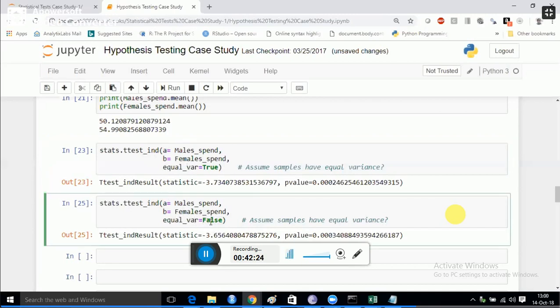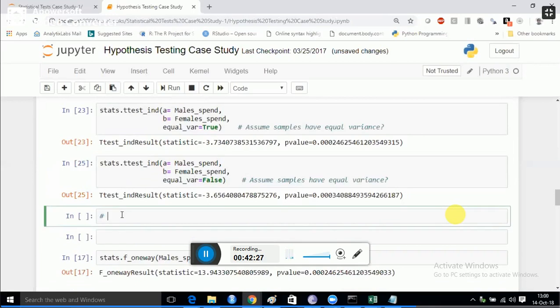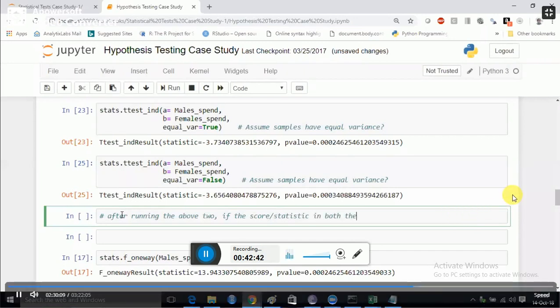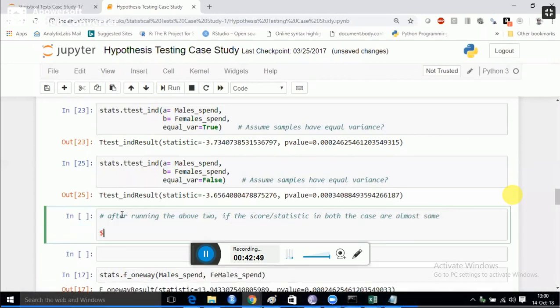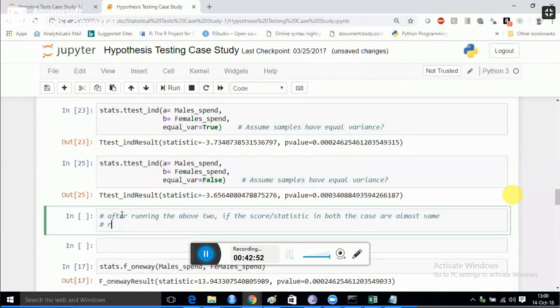I hope you're able to understand it, right? After running both the tests, after running the above two, if the test statistic in both the cases is almost the same, then anyways running any one of these is the same, but then we conclude that variance in the two groups is equal.